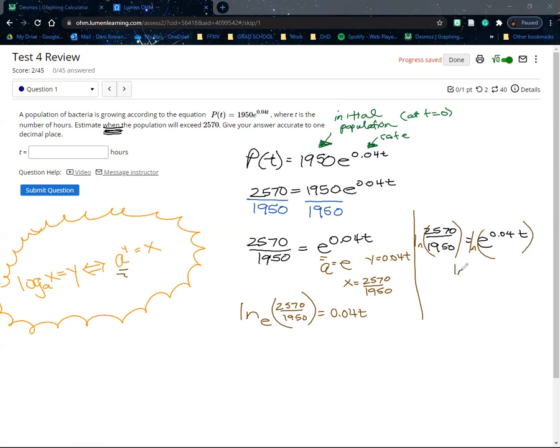What does the natural log base e of e to any power equal? It kind of looks like, I'll do it over here in another color, natural log base e to the e of x. What's that equal?